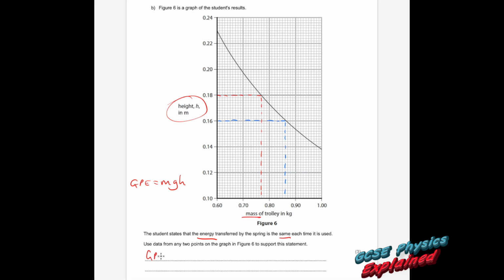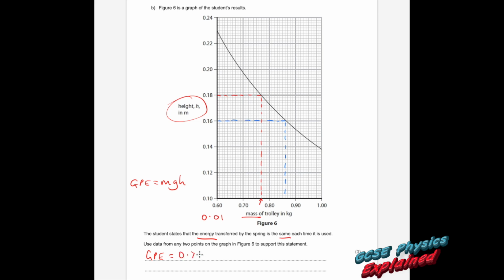Right, so how much energy have we got? And the mass of the trolley, what's that? So we're going from 0.7 up to 0.8, and there's 10 squares. So each square is just 0.01. So that's going to be 0.7, and then there's 7 little blocks.